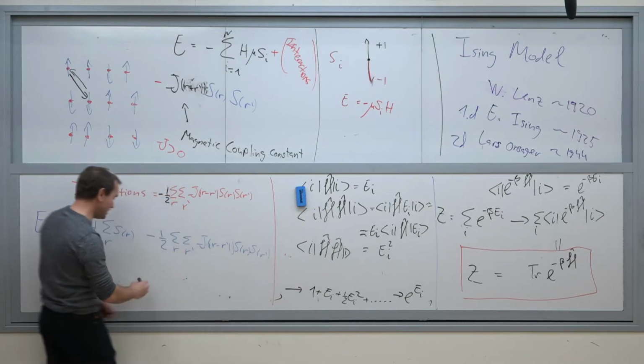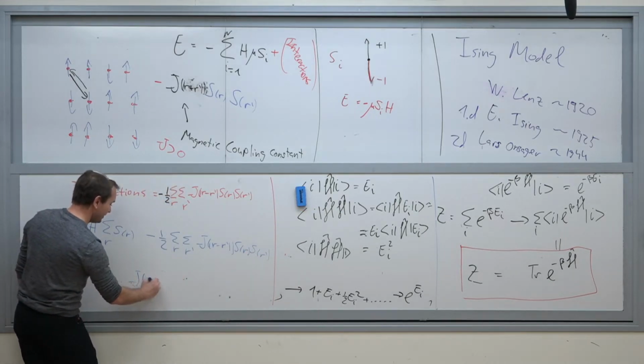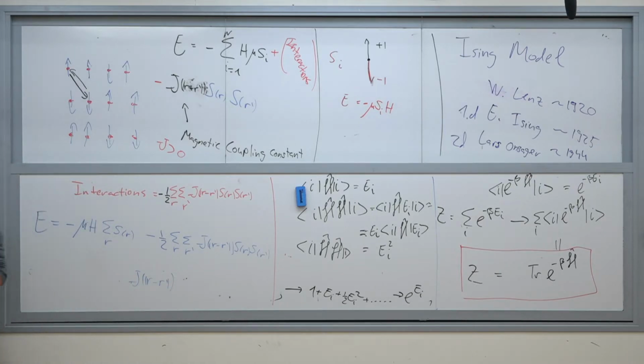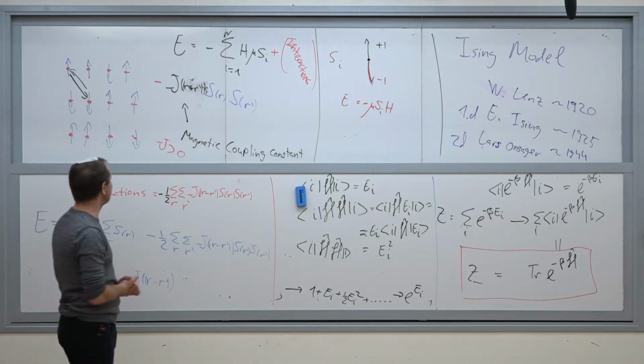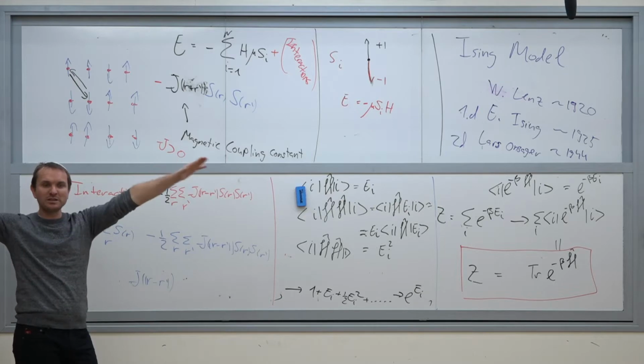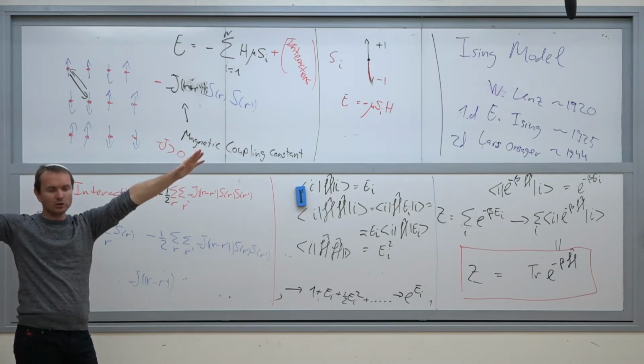Now you see J of r minus r prime, the magnetic coupling constant, is not always a constant. It depends on the distance between the two spins. If the spins are really far away from each other, there should be no effect.